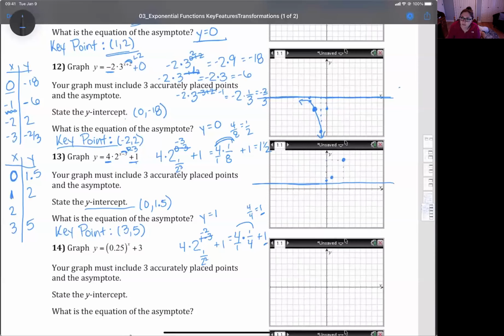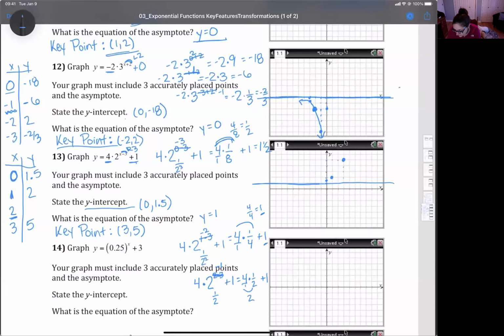And then just for a little extra practice, I'm going to go ahead and plug in the other x value that I selected. So this would be 4 times 2 to the 2 minus 3 plus 1. 2 minus 3 in the exponent gives me -1. So this part right here would be 1 over 2 to the first, or just 1/2. So I've got 4 times 1/2 plus 1. 4 times 1/2, if I multiply them like fractions, I would get 4 over 2, or half of 4 is 2.